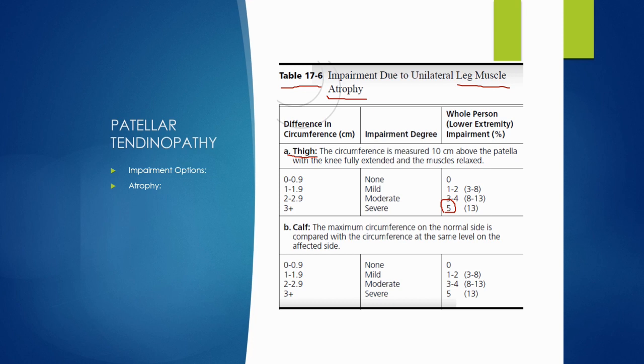This can easily be picked up in a large male worker. 3 centimeters of atrophy is not unusual for a large male, and this qualifies as a severe atrophy impairment at 5% whole person impairment. So there's a couple of ideas for you with regards to patellar tendinopathy.